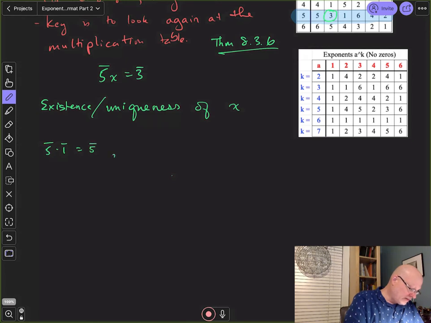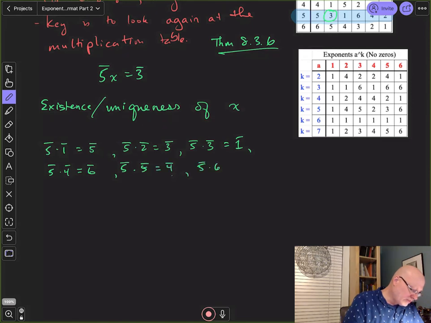We know that 5 bar times 2 bar equals 3 bar. 5 bar times 3 bar equals 1 bar. 5 bar times 4 bar equals 6 bar. 5 bar times 5 bar equals 4 bar, and 5 bar times 6 bar equals 2 bar.